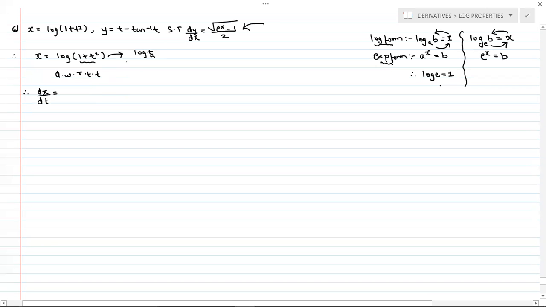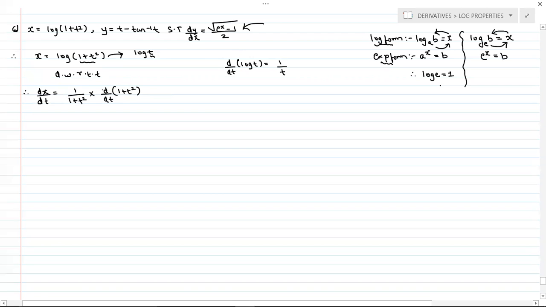We know that the derivative of log t with respect to t will be 1 upon t. So here you will get 1 upon 1 plus t square, because t is replaced by 1 plus t square. Whenever t is replaced by some other term, we have to use the chain rule. Here t is replaced by 1 plus t square, because as I told, t will act as x.